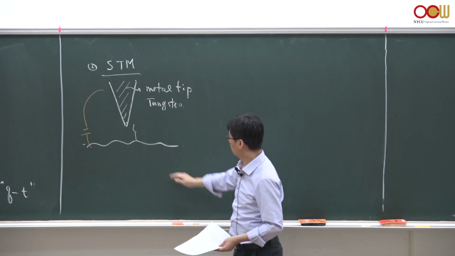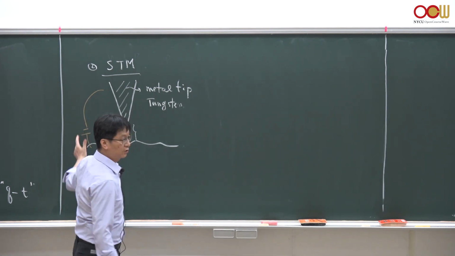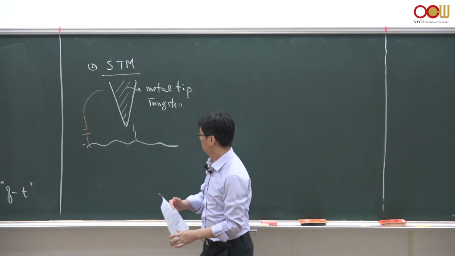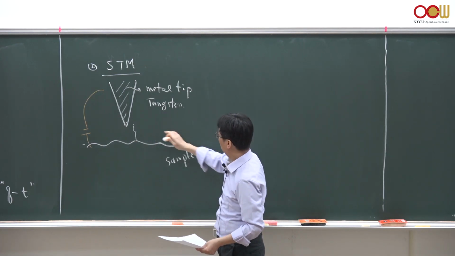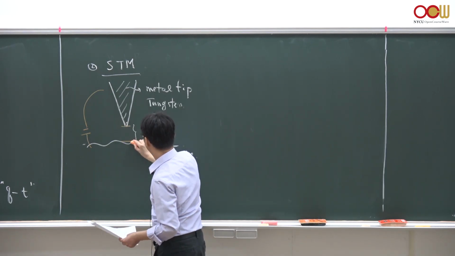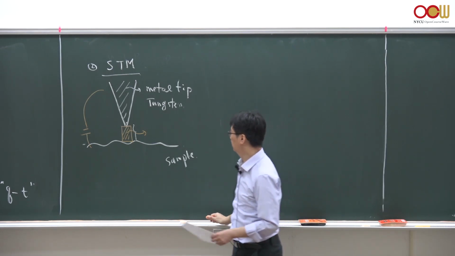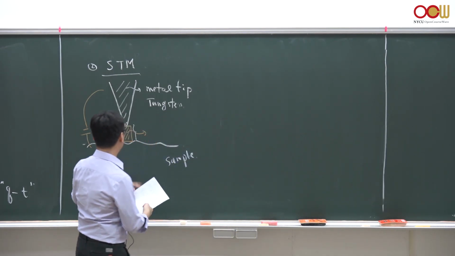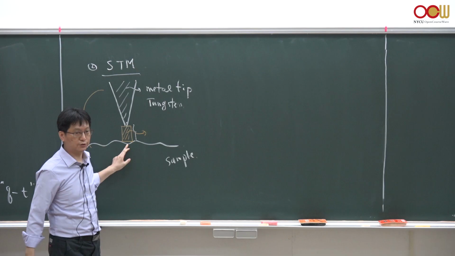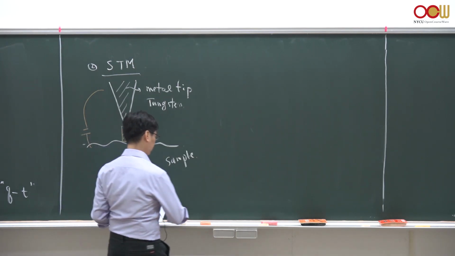Suppose this is another piece of material. You could apply a voltage difference between your sample and the STM tip. Effectively, the vacuum or the air between the STM tip and the surface is precisely the tunneling barrier.